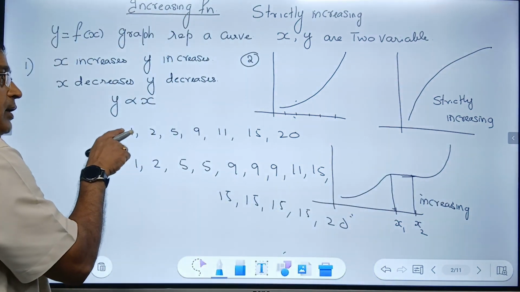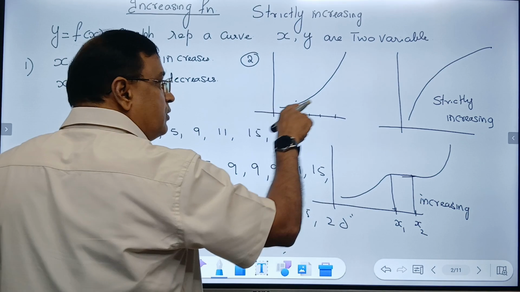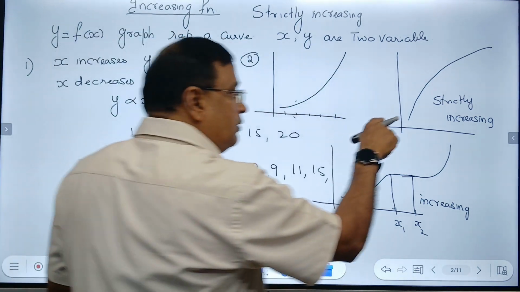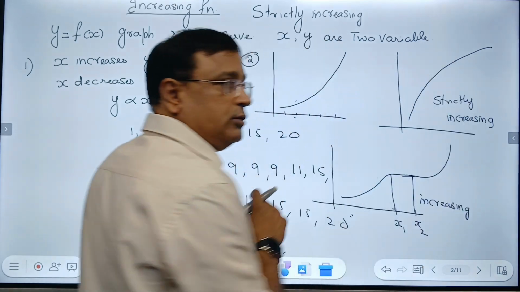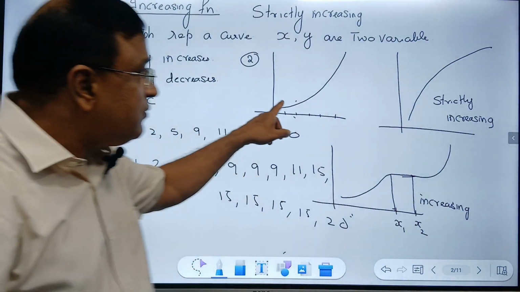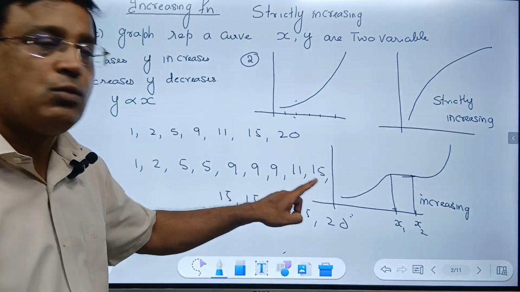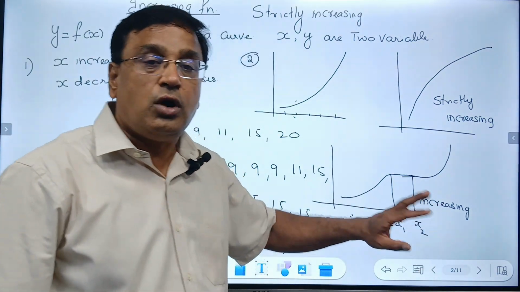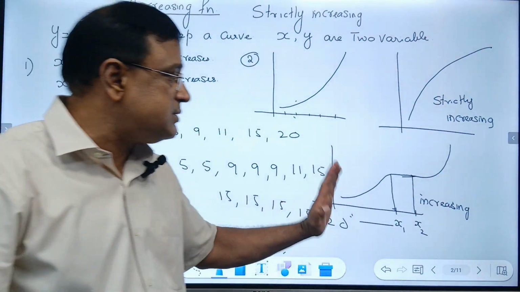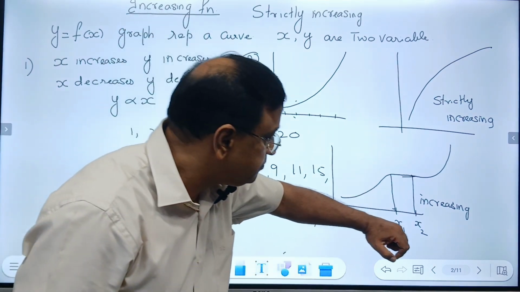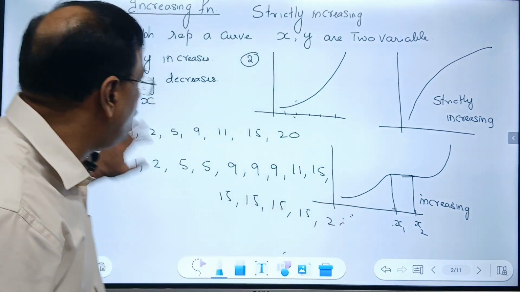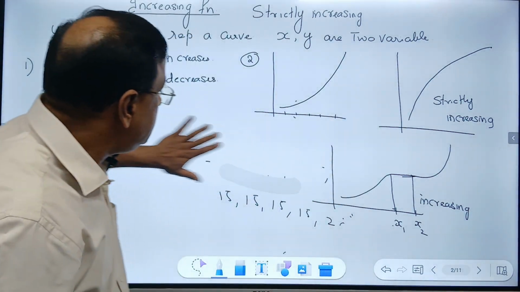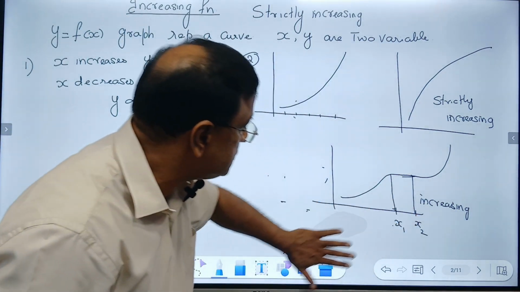When you have a graph like this, no values are repeated. For different x values, I have different y values. So this is strictly increasing, whereas the other is only increasing, because for an increase in x, y is not decreasing, but takes the same value. It doesn't change. I hope you understand the difference between an increasing function and a strictly increasing function.